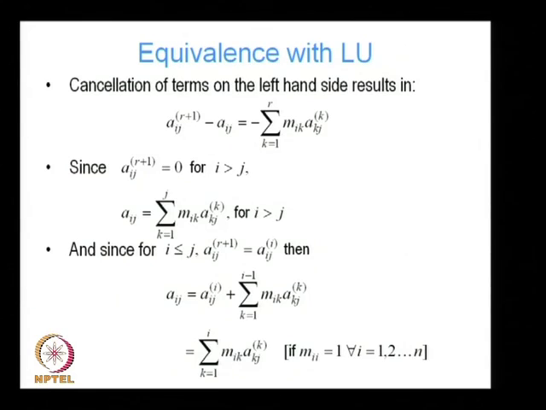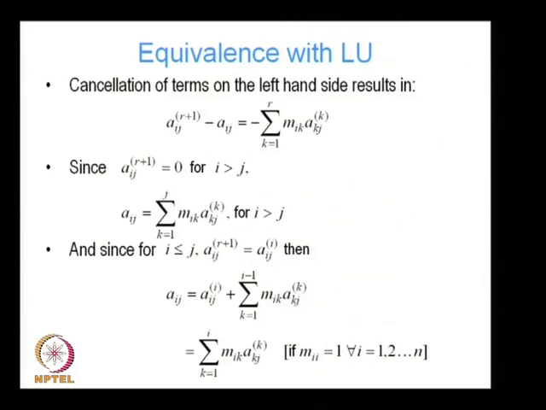So, we can get rid of the a_ij^(r+1) on the left hand side in the first equation, and we can write this equation as a_ij is equal to summation over k equal to 1 to j of m_ik a_kj^(k) for i greater than j.